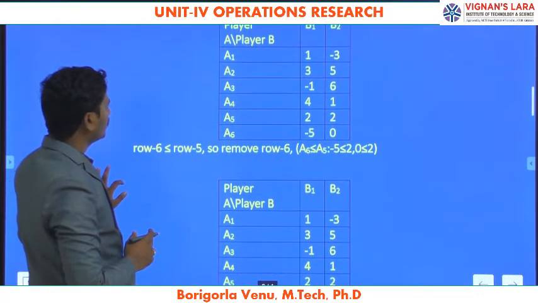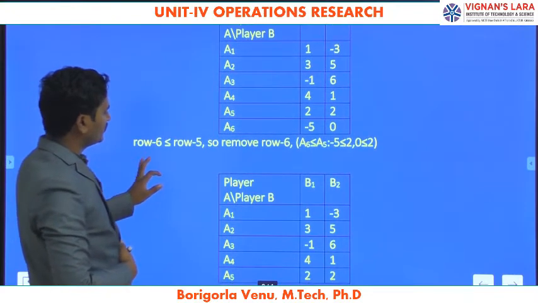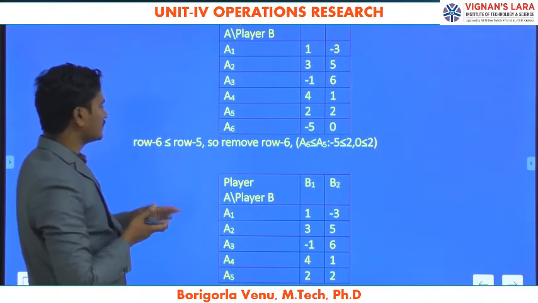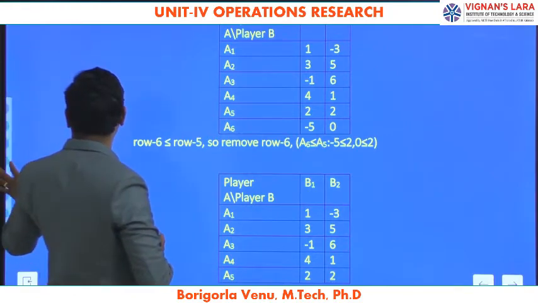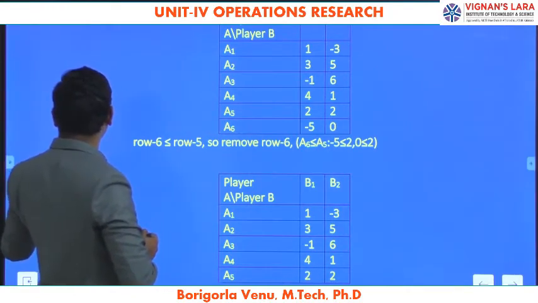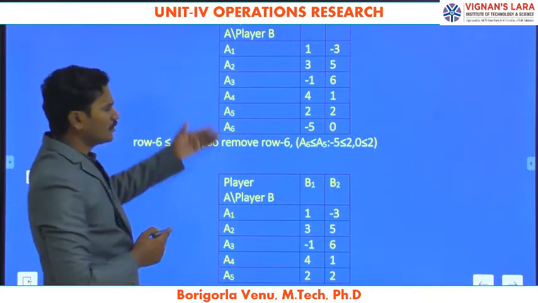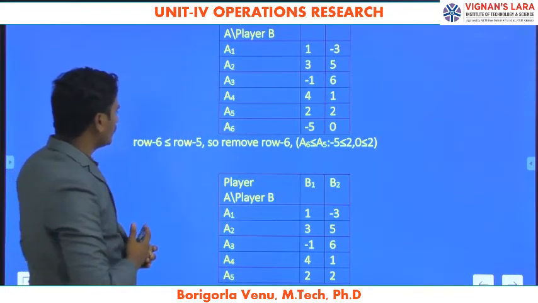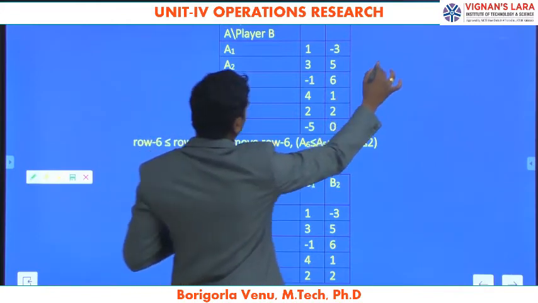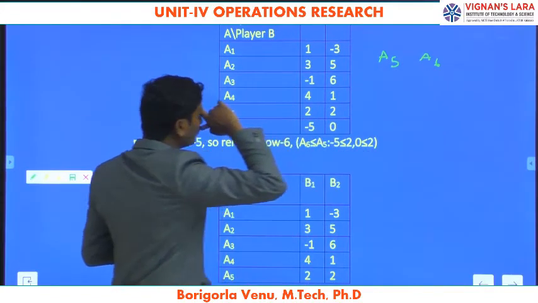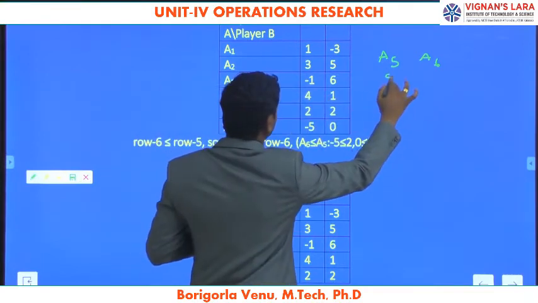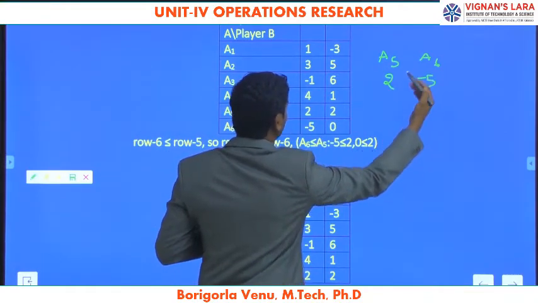Here we take row dominance, first comparing from the last rows. Here we have 2 rows, A6 and A5. You can take any rows, that is not a problem. Here I am choosing A5 and A6. Coming to A5, the first column is 2, and in A6 we have minus 5.